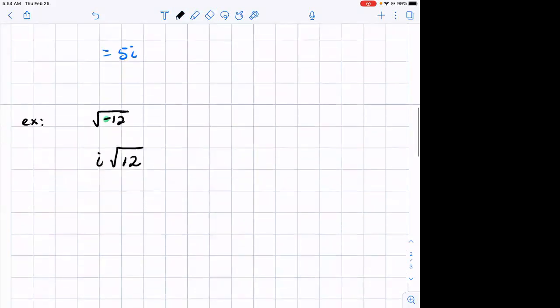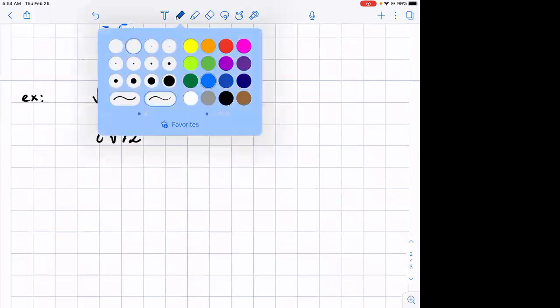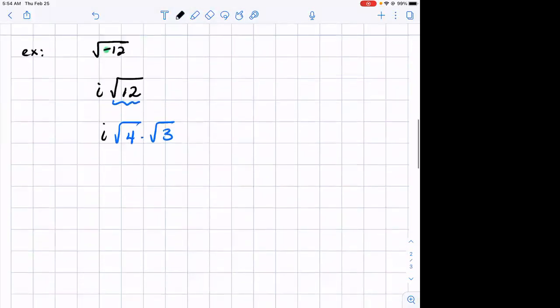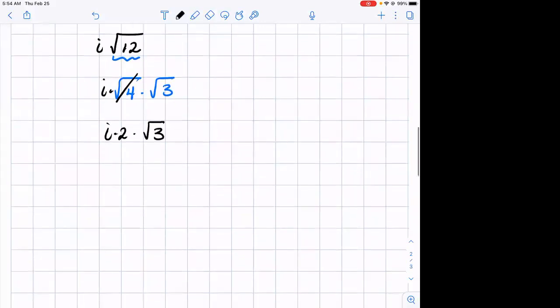Then you still have to simplify root 12, because root 12 is the same as root 4 times root 3. Don't forget to bring down the i. The root of 4 becomes 2, and these are all multiplication, and the root of 3 we don't know. So we rewrite this as 2i radical 3.